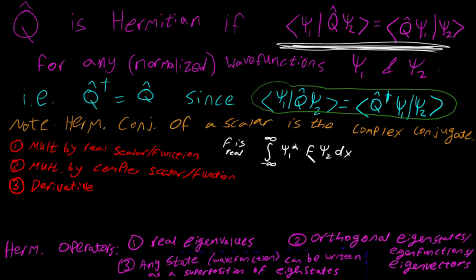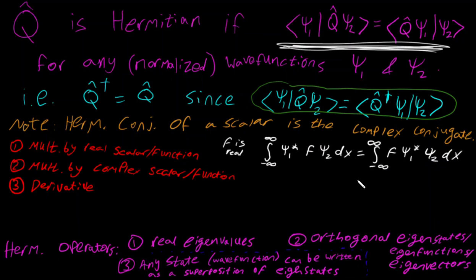Well, we can move this around, because multiplication is commutative, at least with functions. So this will be equal to the integral from negative infinity to infinity of f times psi 1 star times psi 2 dx.